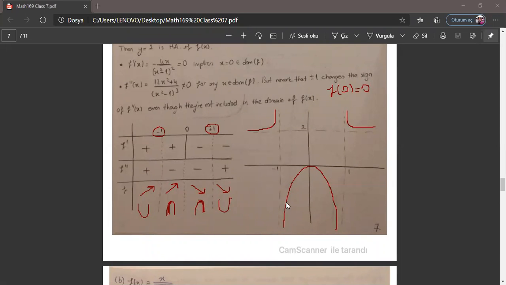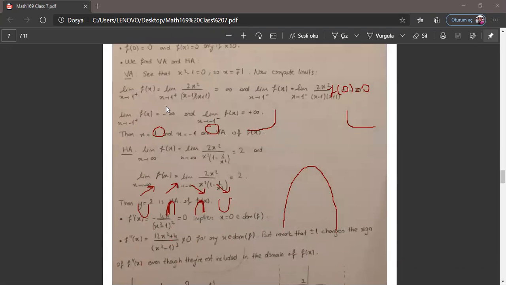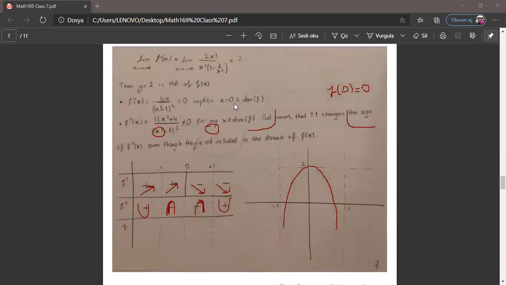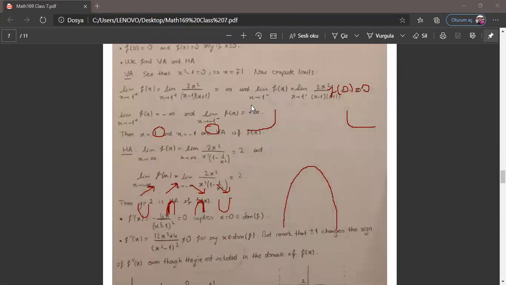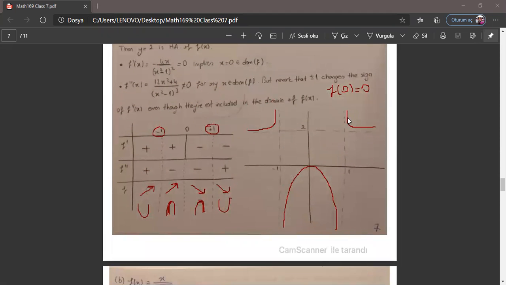Approaching -1 from the right, we get minus infinity. And approaching -1 from the left, we need to get plus infinity, as we have here. Approaching 1 from the left, we need to have minus infinity, and approaching 1 from the right, we get plus infinity, as here, okay?